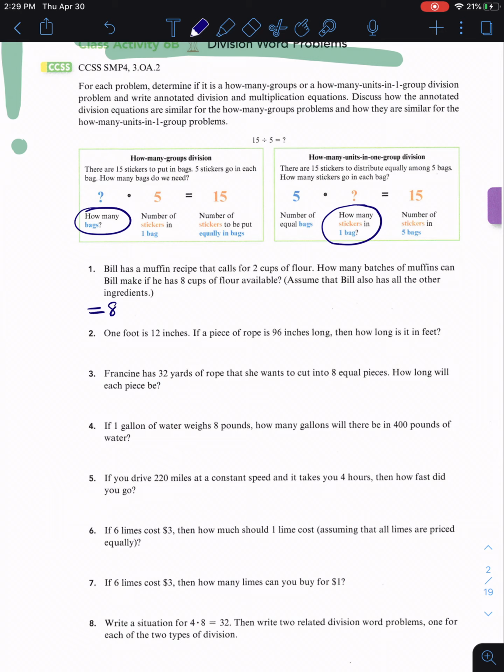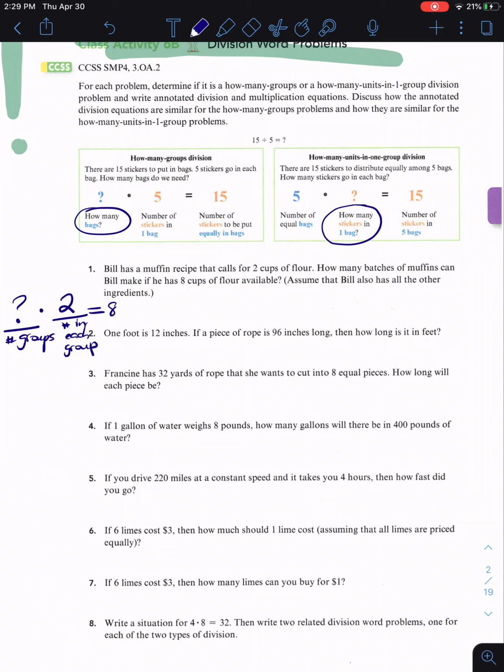Now, if we're keeping this as number of groups, and this is number in each group, what is our group here? Bill has a muffin recipe that calls for 2 cups of flour, and he has a total of 8 cups of flour. Doesn't it make sense to say that each recipe requires 2 cups of flour, and we don't know how many recipes he wants to make?